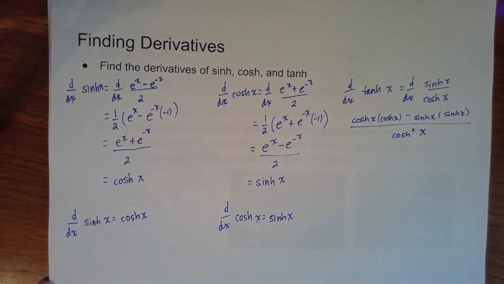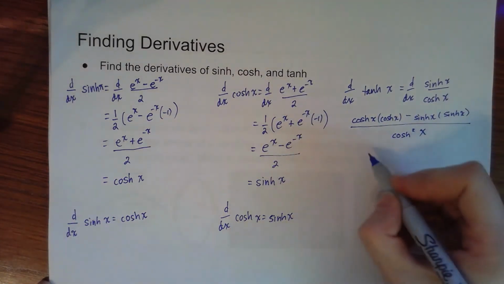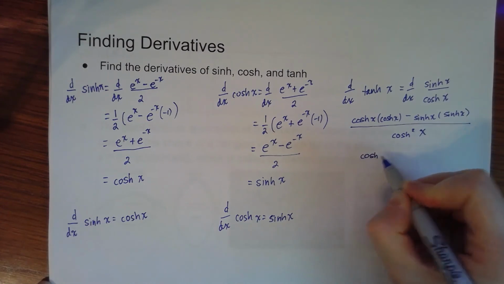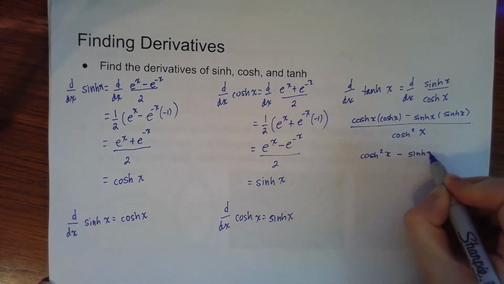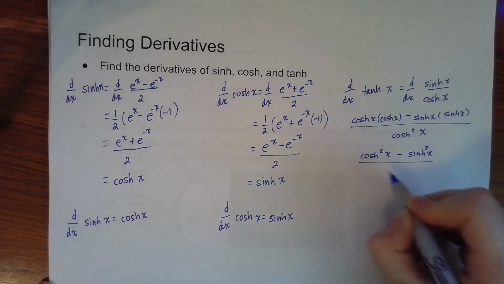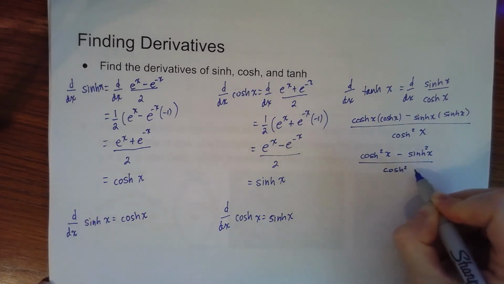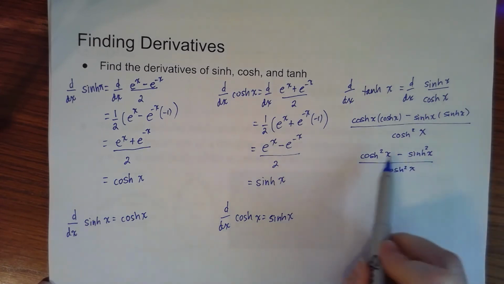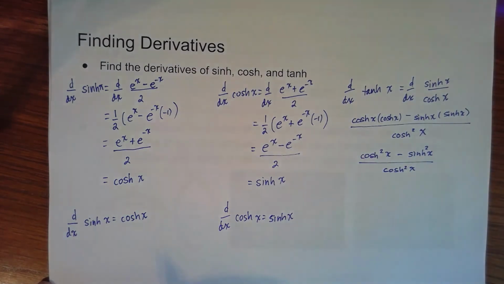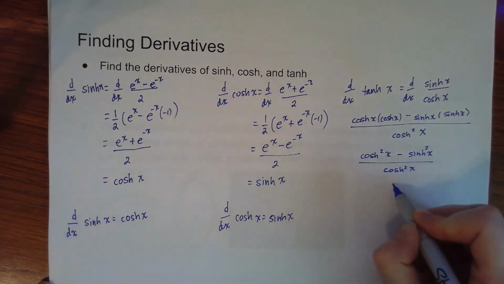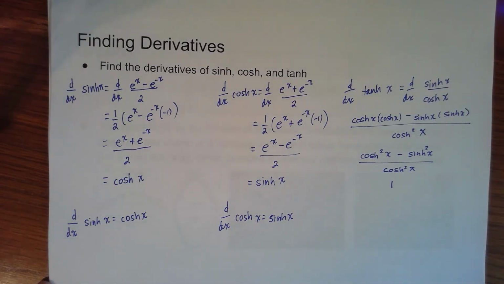Okay, now remember that this is going to be hyperbolic cosine squared minus hyperbolic sine squared over hyperbolic cosine squared. And the identity for hyperbolic cosine squared minus hyperbolic sine squared is 1, because it's related to the hyperbola, right?